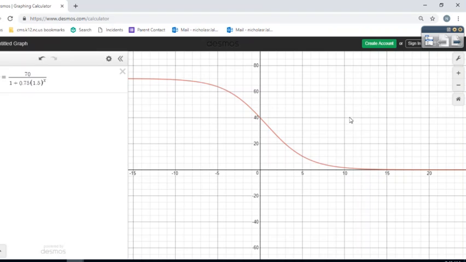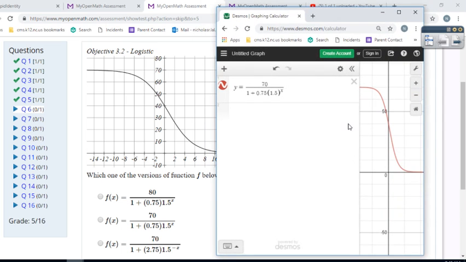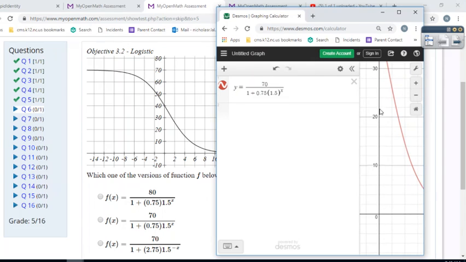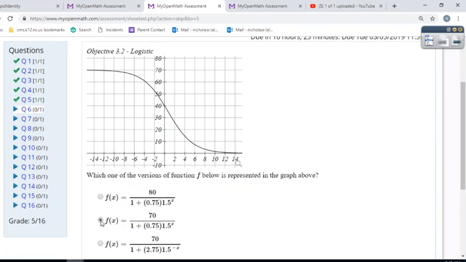The question is, does it match up with the graph? One way to do this is to see where it intersects the y-axis. The graph has the y-intercept at 40, and so it looks like this is a great candidate because the y-intercept is 40.